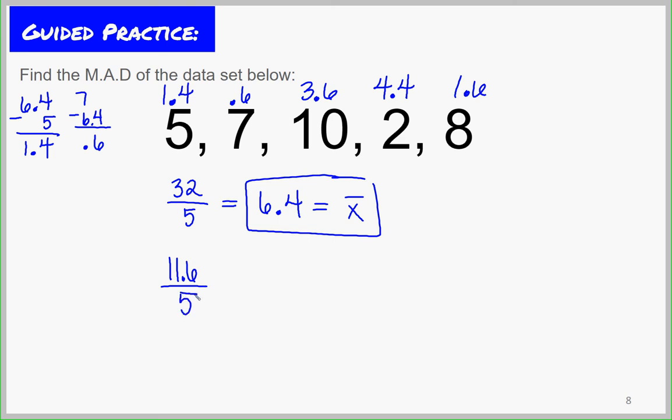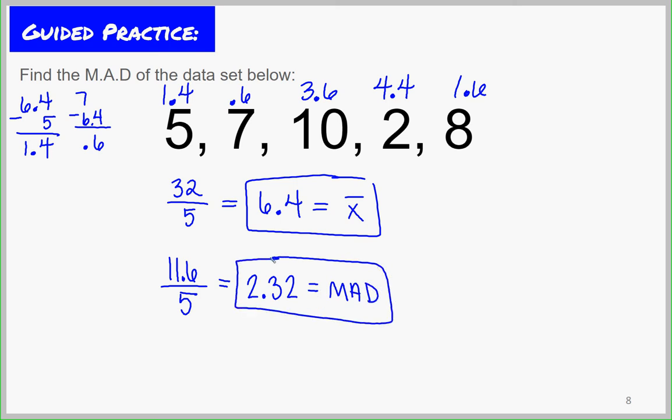Remember, you should always be dividing by the same number, because it's not like we're going to lose any of these values. Even if they're 0, we're still not going to lose them. 11.6 divided by 5 is 2.32, and that equals our MAD.